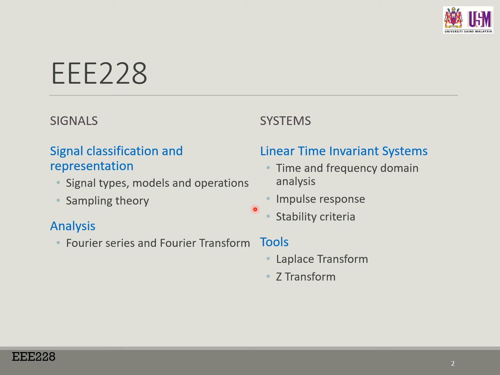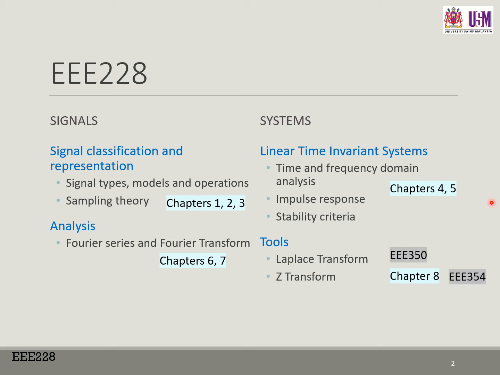For this course, you'll learn Laplace transform. You learn how to apply or use Laplace transform and Z transform as the tools to analyze linear time invariant systems. For most of these topics that I've mentioned, you're going to learn that in 228, but there are some of the topics that you will only learn in your third year. Signal classification and representations will be taught in chapters 1, 2, and 3.